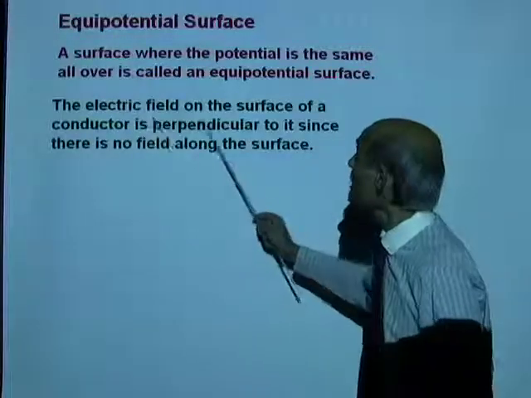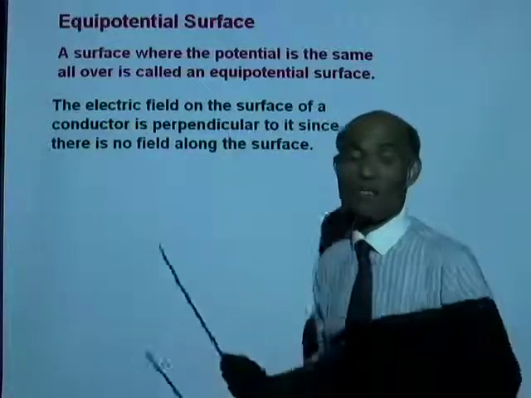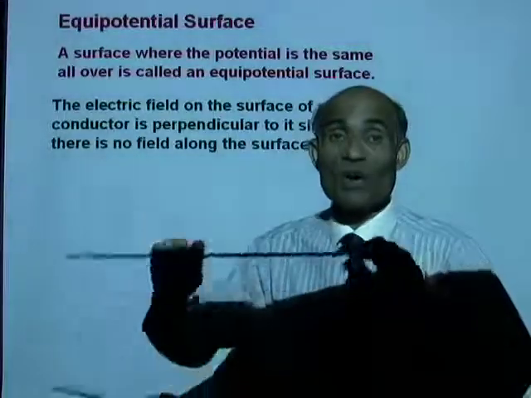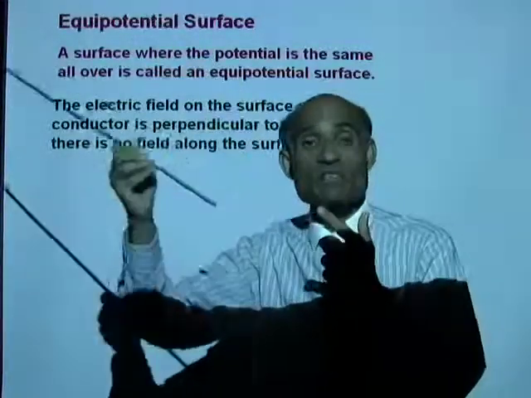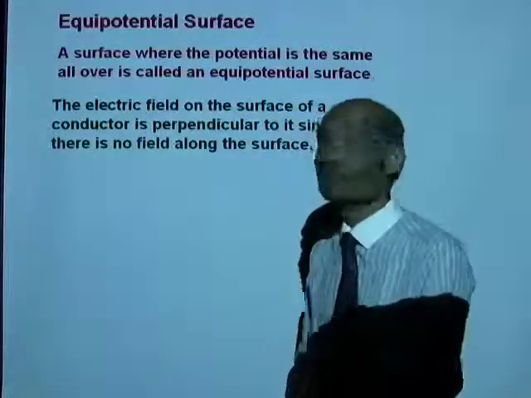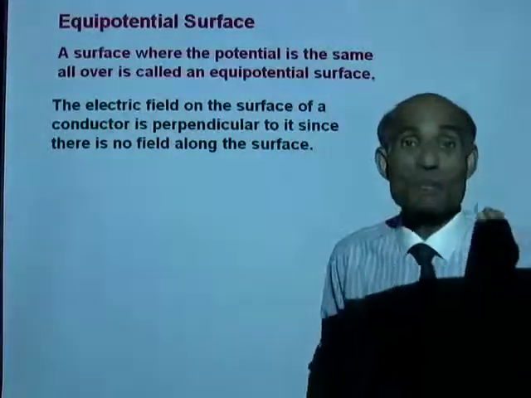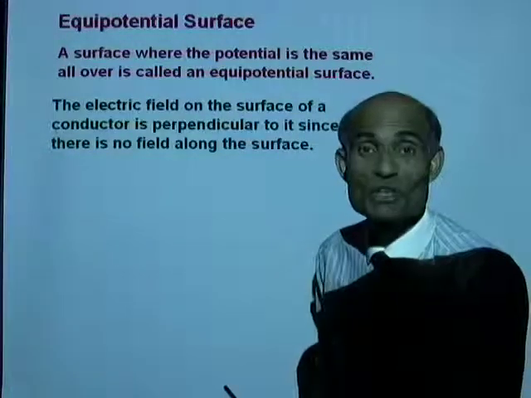The electric field on the surface of a conductor, we talked about it. You have a charged conductor. On the surface, the electric field is always at right angles. So the electric field on the surface of a conductor is perpendicular to it, since there is no field along the surface.